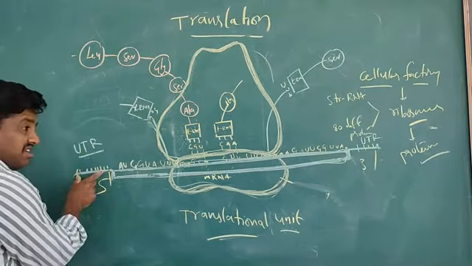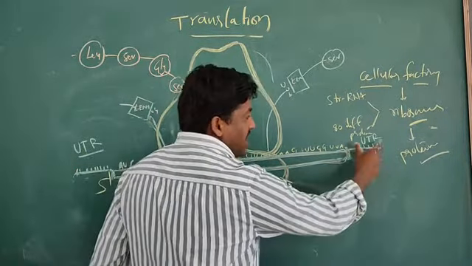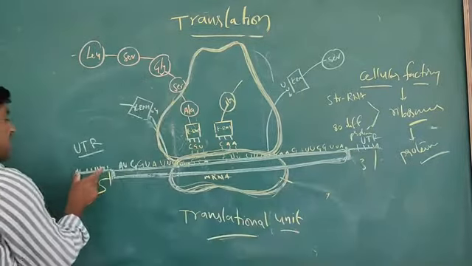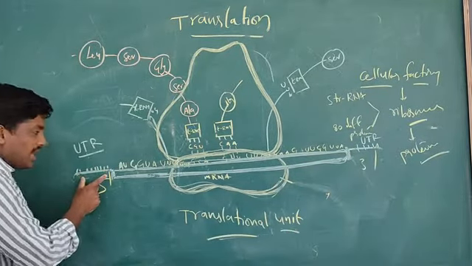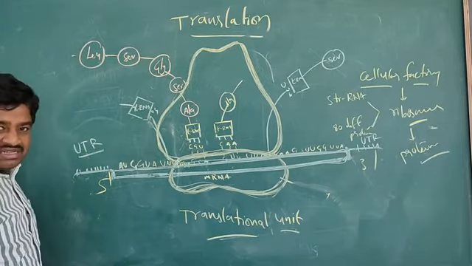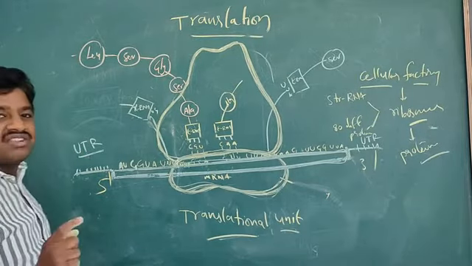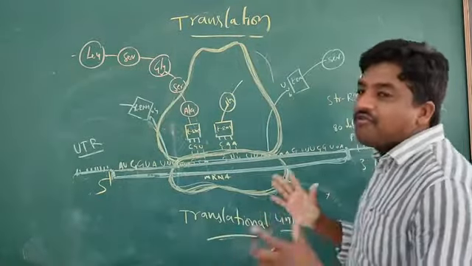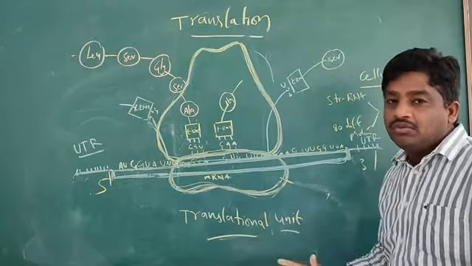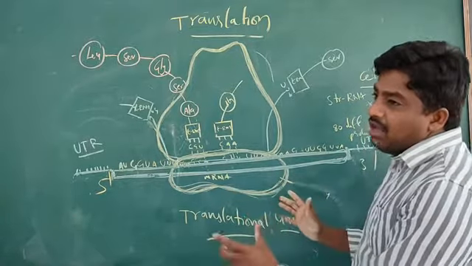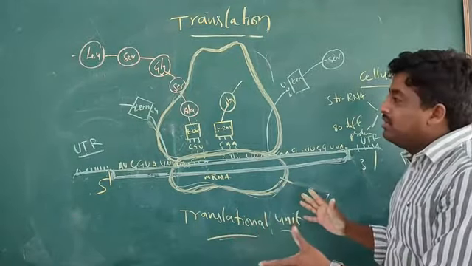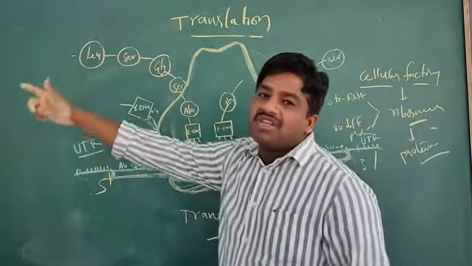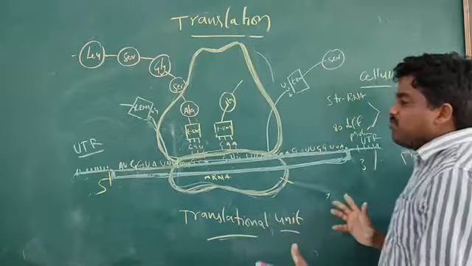That is why we call such a region untranslated regions. Why? Because these untranslated regions are present, the translation process can go on perfectly and accurately, that is, the polypeptide chain can be formed accurately.